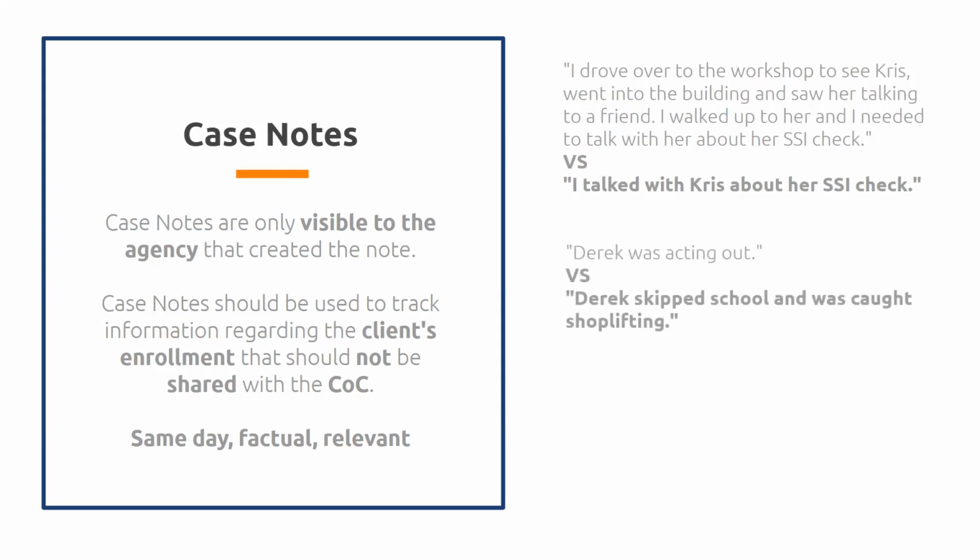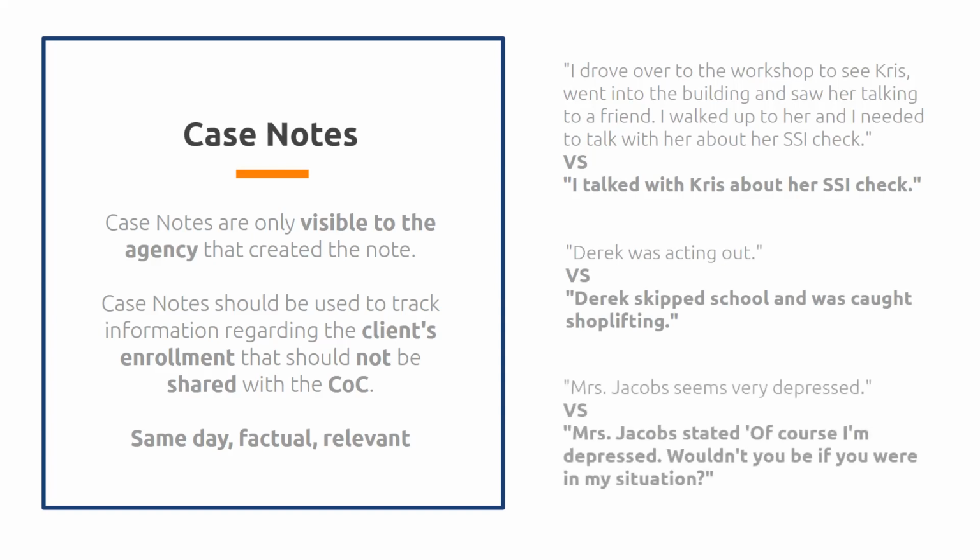Another example would be Derek was acting out, when really we should say Derek skipped school and was caught shoplifting. And the last example would be that Mrs. Jacob seems very depressed. We should really be saying, Mrs. Jacob stated, "Of course I'm depressed. Wouldn't you be too if you were in my situation?"